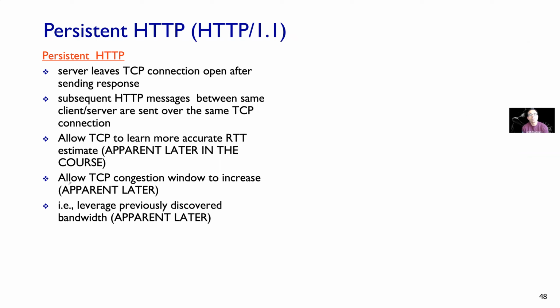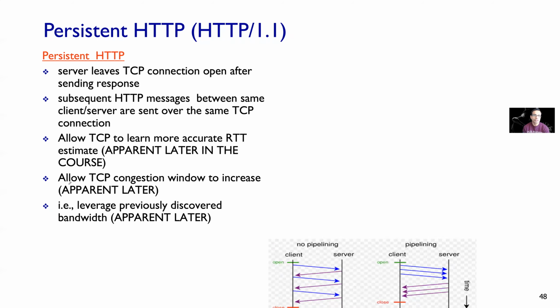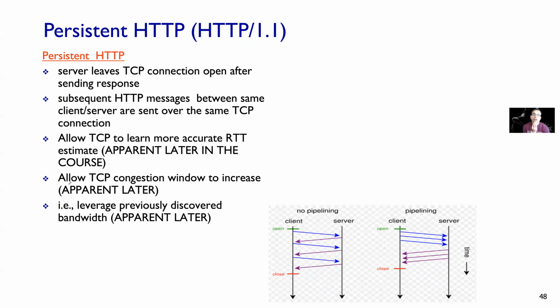So moving on now, as we've seen, it's wasteful to keep opening new TCP connections. So the current version of HTTP will send out requests on the same TCP connection. That's where the name persistent comes in. You set up a TCP connection, keep it on till all the requests are sent and you receive the responses.